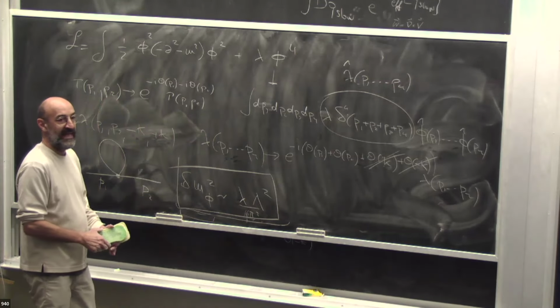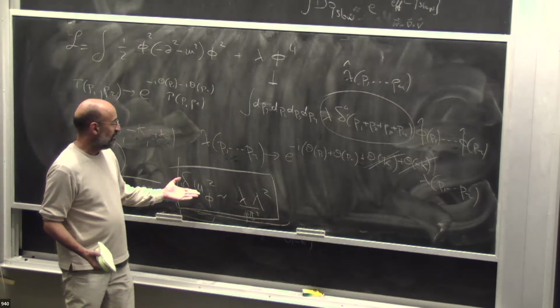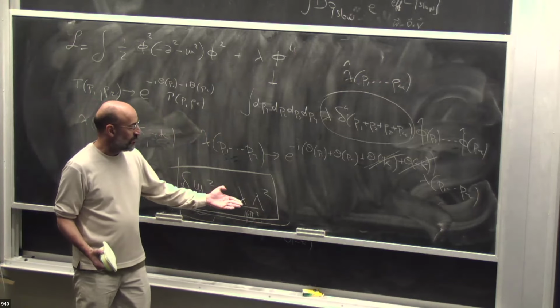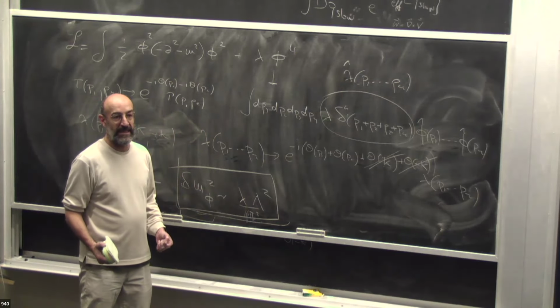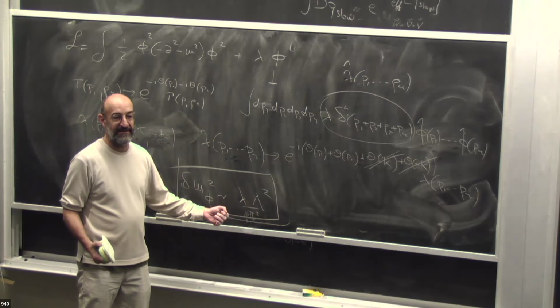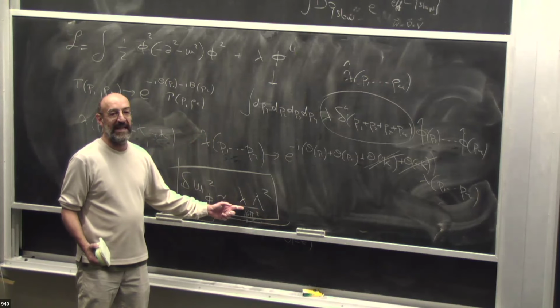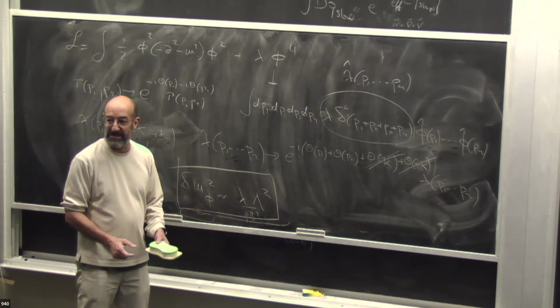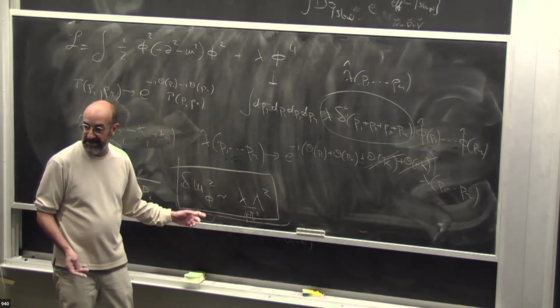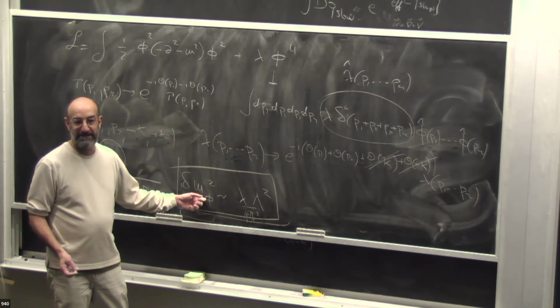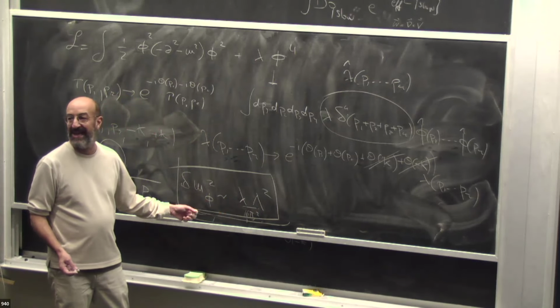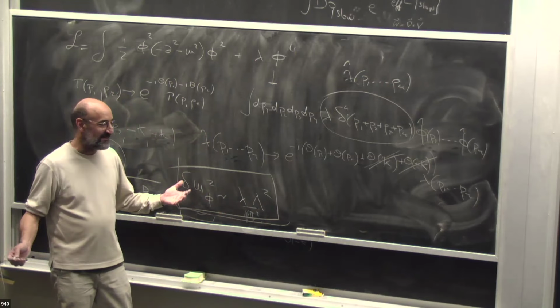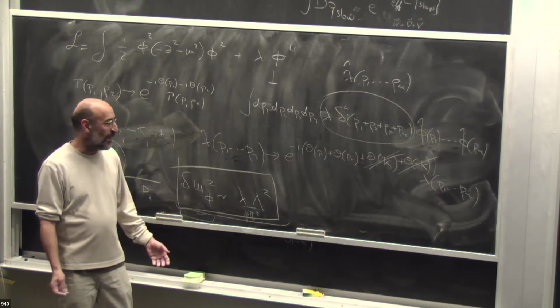So in a natural situation, you would expect this mass to be not bigger than that. Now, we have seen the Higgs. You know what this lambda is? You can tell me what this capital lambda is. Okay, what is the scale that saturates the naturalness for the Higgs in the quantity? Yeah, it's order between 1 and 2 TeV.